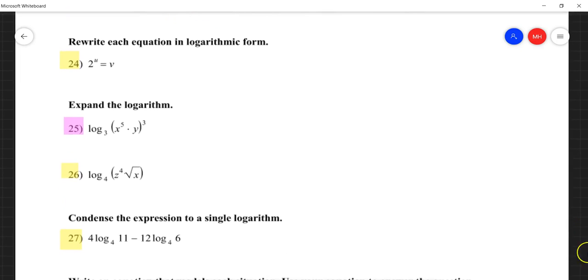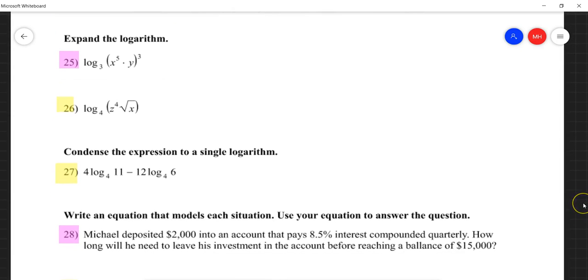So next section for logs is expanding and condensing. I'm going to write all of the log properties down again so that you do have them. So the first one that we have is product.